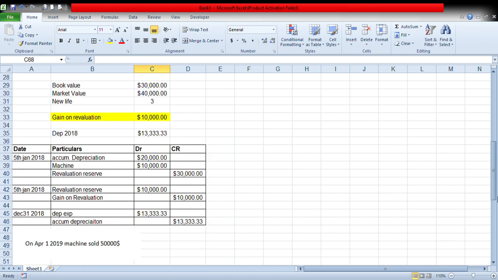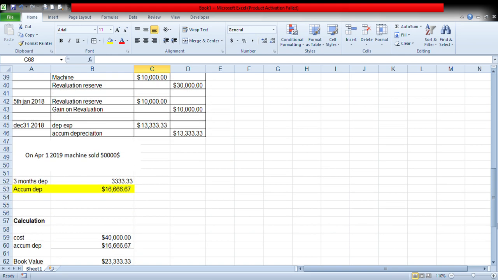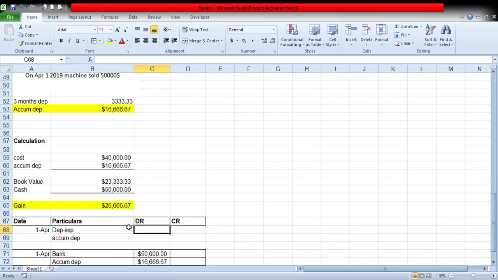The depreciation is what we calculated, which is this. Copy it and paste it. So this is the 3 months depreciation from January till April.